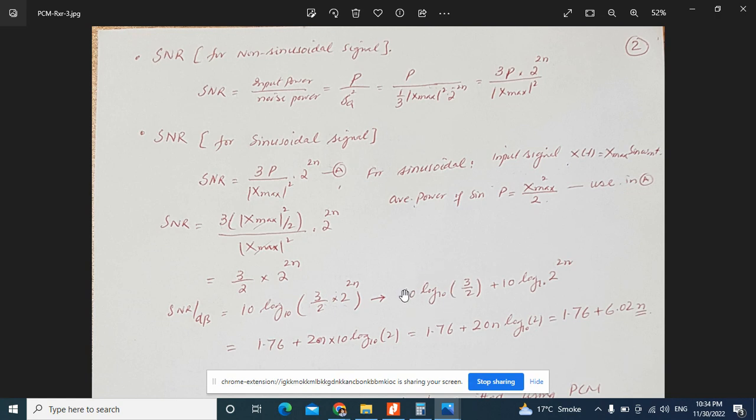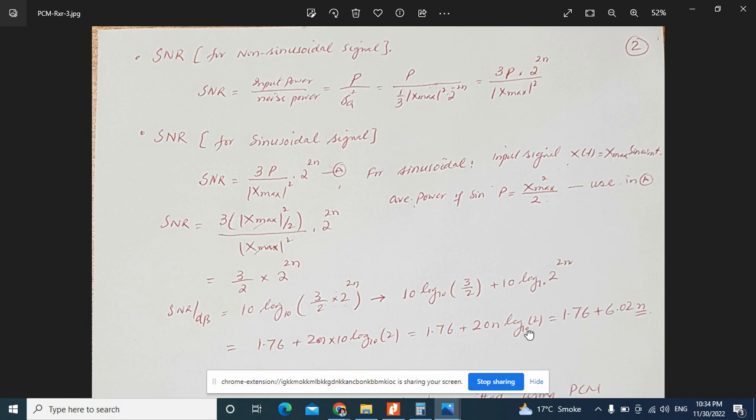So the answer of 10 log 10 3 by 2, if you use a calculator, is 1.76, plus 2n into 10 log 10 2, because this is a power, so it will come in front of the log. So that is equal to 20 n log 10 2, and we know that log 10 2, if you multiply with the 20, the answer will be equal to 1.76 plus 6.02 n.